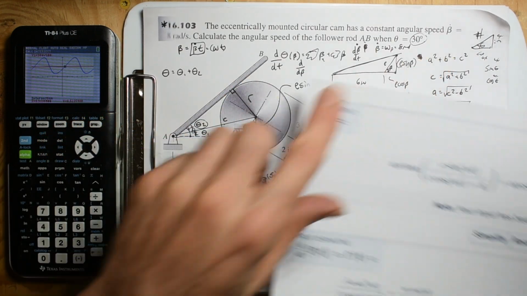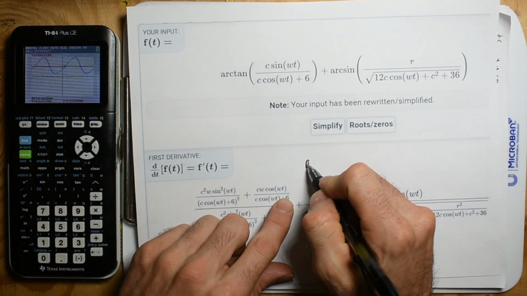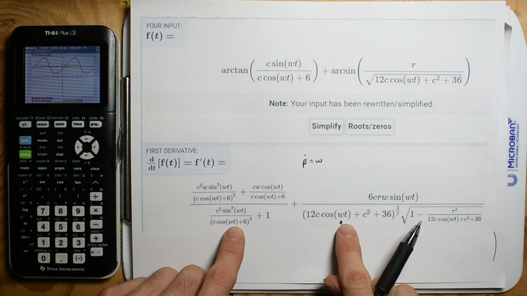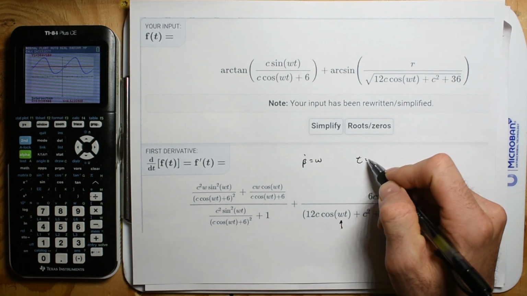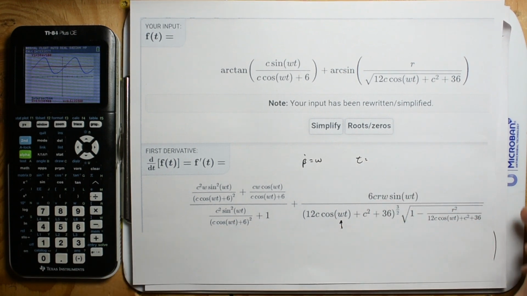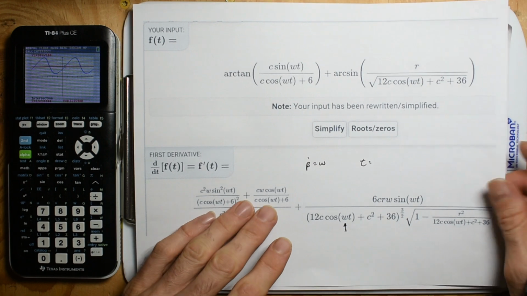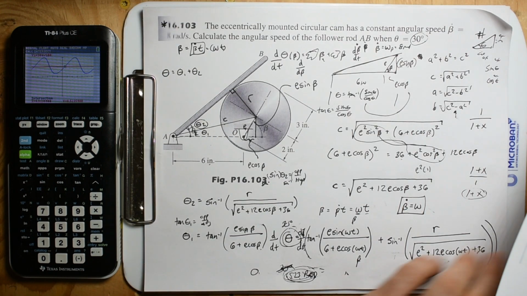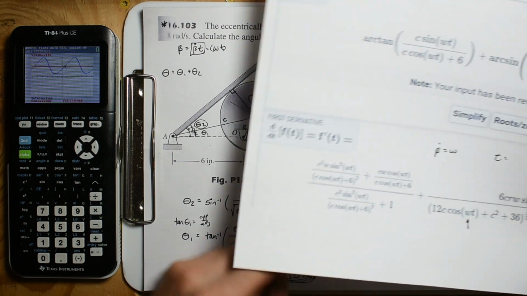So that's going to be beta dot. So beta dot is omega in this. And then our time is going to be the time when beta is equal to 30.